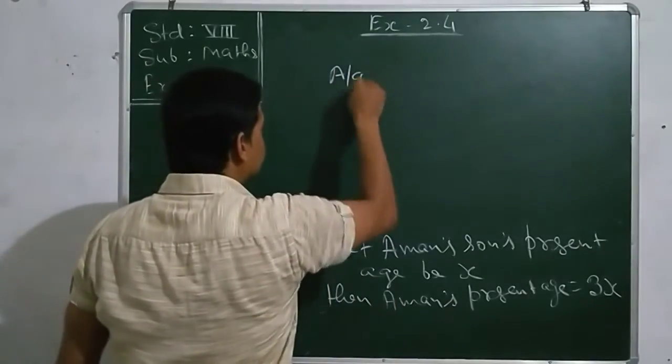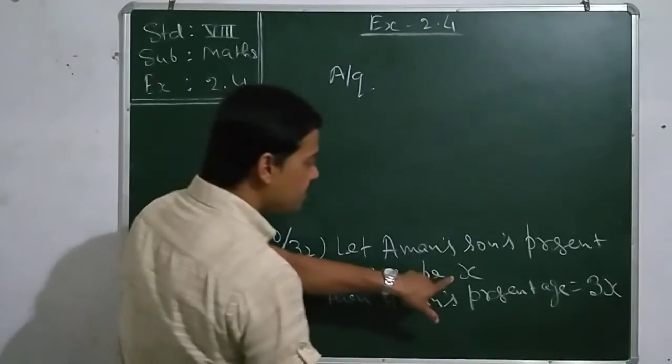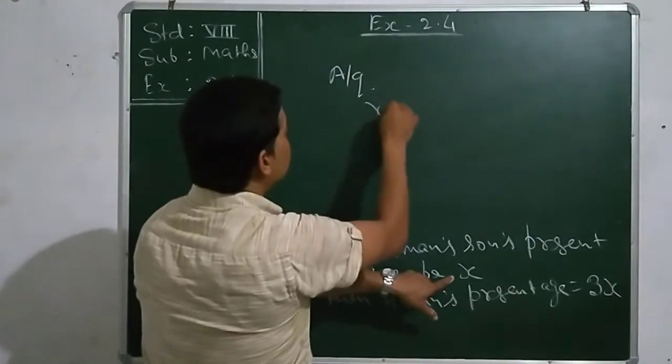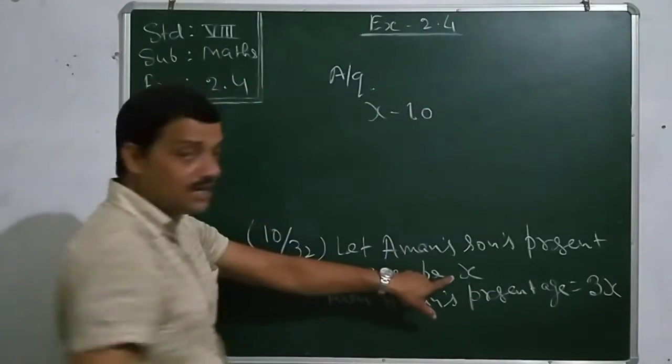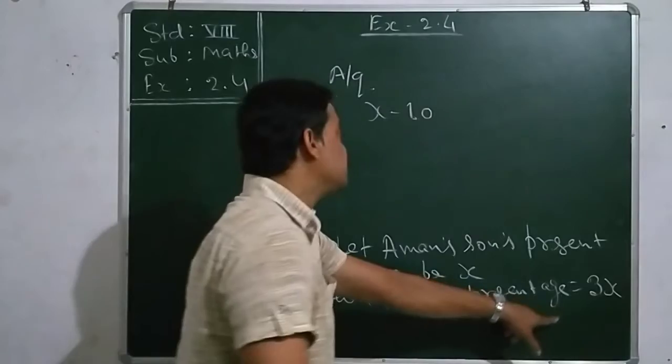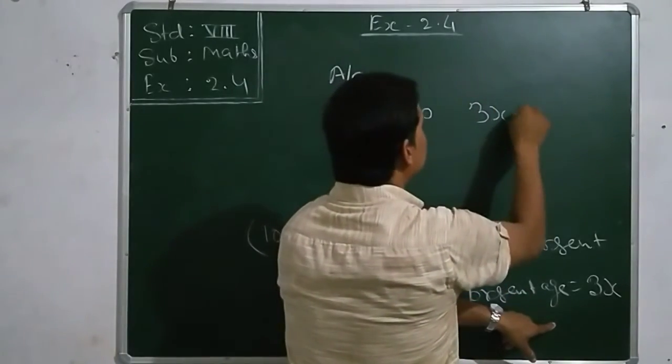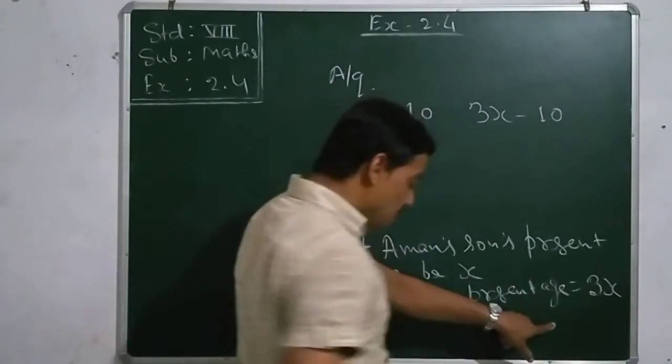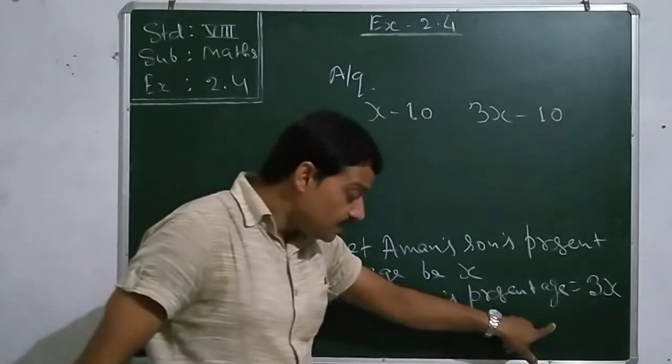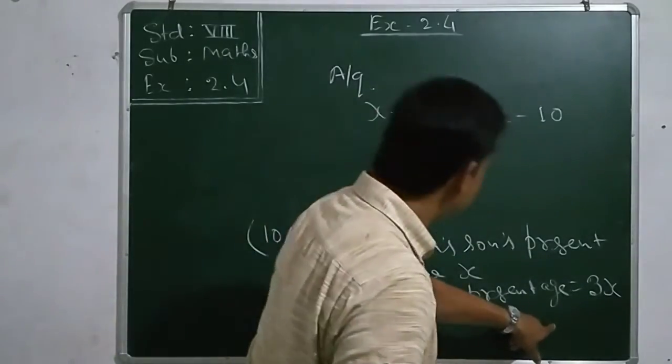According to question, 10 years ago his son's age x minus 10, and 10 years ago Aman's age 3x minus 10. The relationship is that he was 5 times.